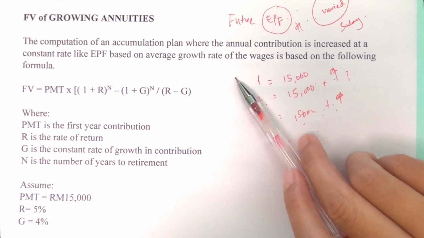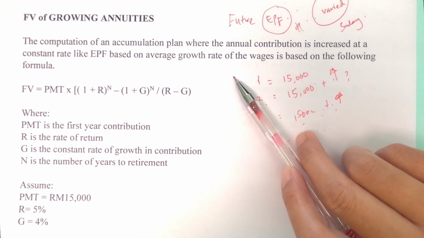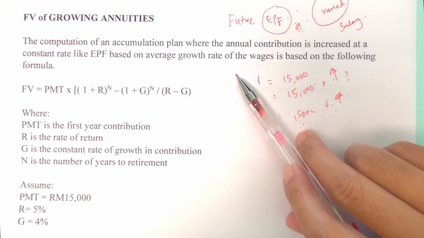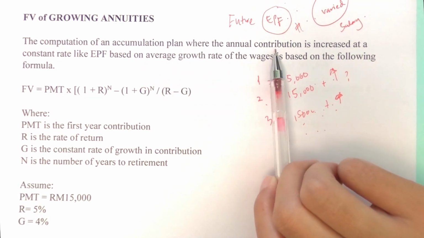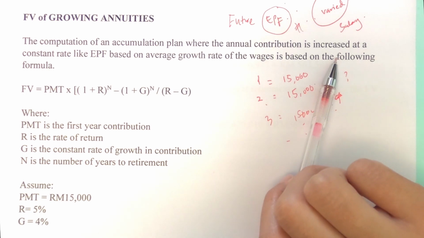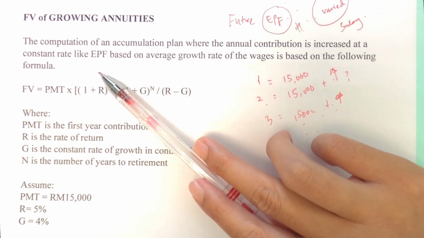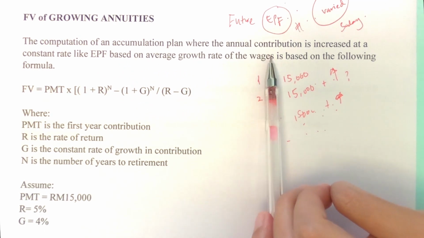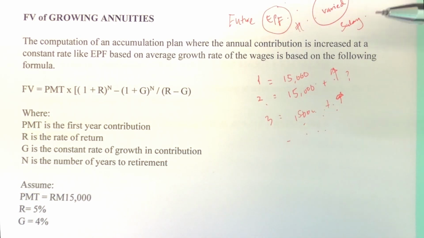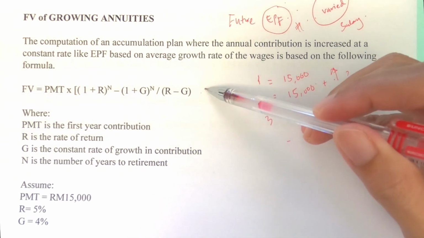Therefore, in this case of future value of growing annuities, the accumulation plan where the annual contribution is increased at a constant rate, like EPF, based on the average growth rate of wages, because once your salary increases, the EPF contributions also increase. Therefore, the formula here is different.